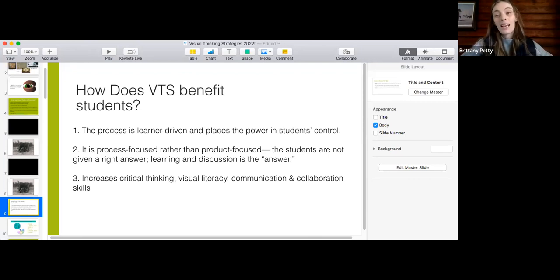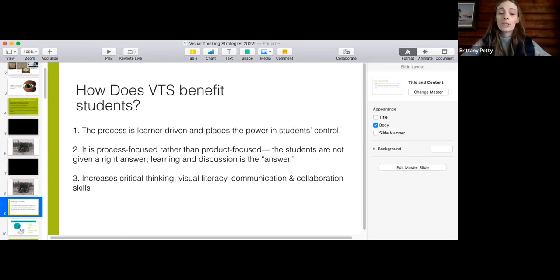With VTS, you can tell them the answer at the end, but that's not even what matters. It's not about right answer or wrong answer. With VTS, there are no wrong answers. Someone could have said, this family's in a circus and traveling, or maybe you got the time period wrong, or this or that. And that's not really what matters, because it's about questioning and inquiry.